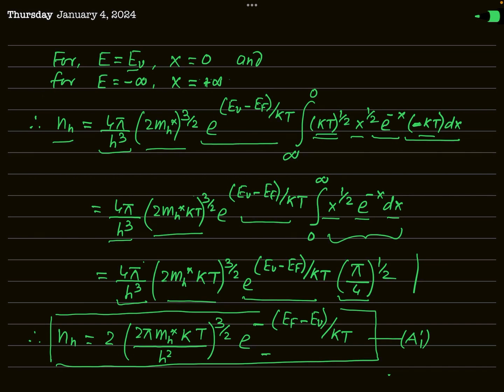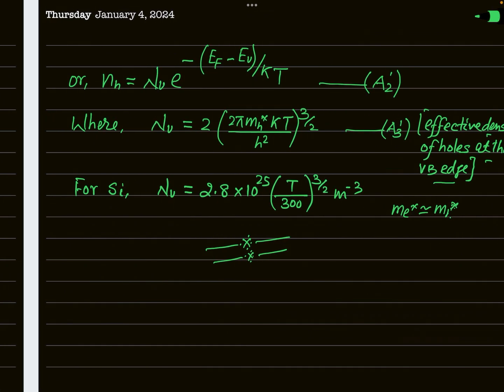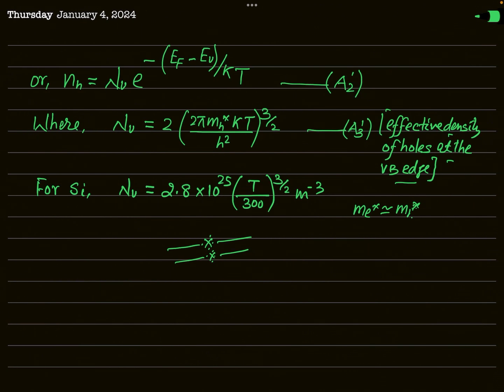So when we use the idea of f of E defined like this, this is actually the occupation probability. And you have also seen that this first factor is the measure of the effective value of density of states at the valence band edge.